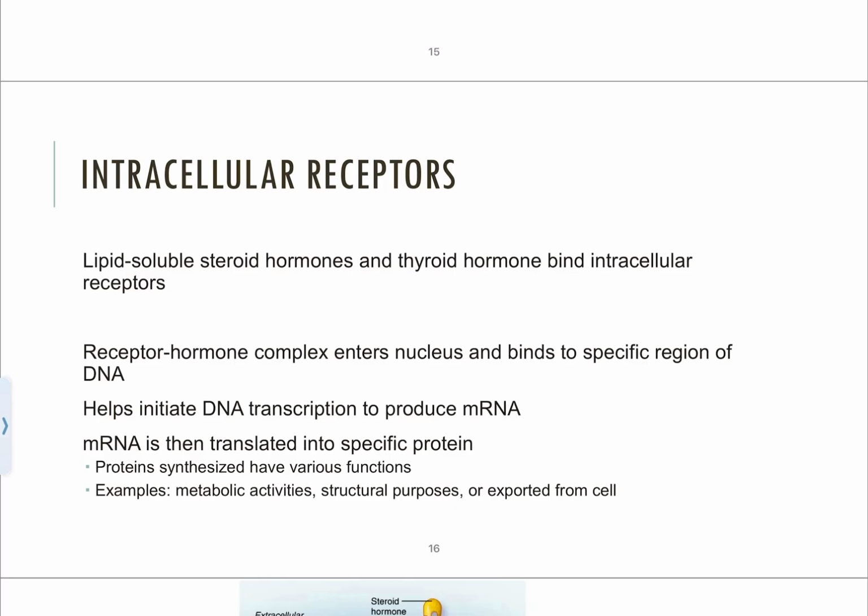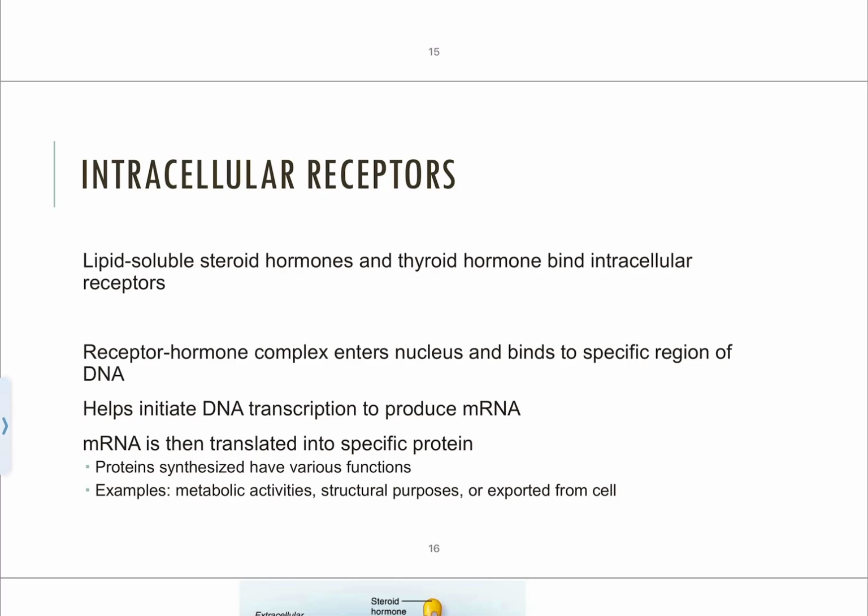Once it's bound to this region, it's going to help initiate DNA transcription to produce mRNA. And then mRNA can be translated into a specific protein, and these proteins synthesized have various functions, like metabolic activities, structural purposes, or could even be exported from the cell.